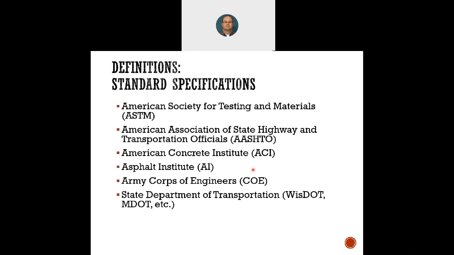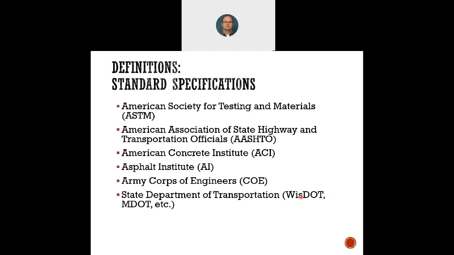Why do we have these standard specifications? Okay. So for an example, American Concrete Institute, if we're all testing the concrete the same across the United States, we have a baseline. That means we'll get the quality across the United States if everybody is doing it the same. They're following the same standard specification. WisDOT, okay?